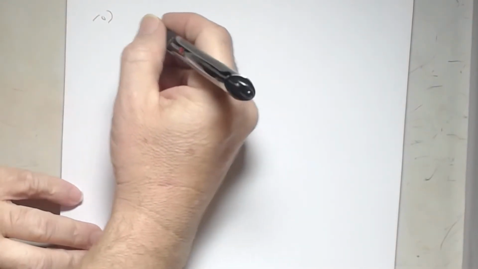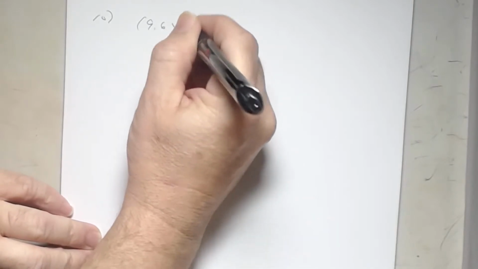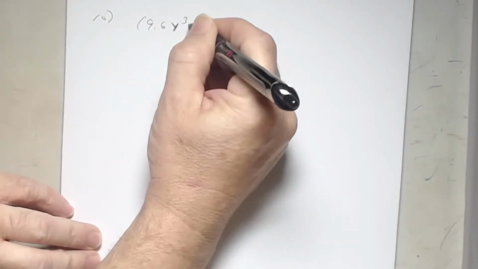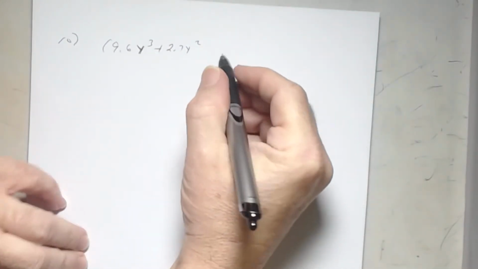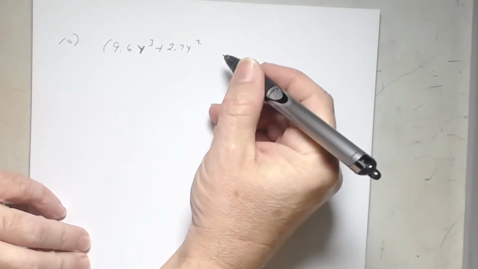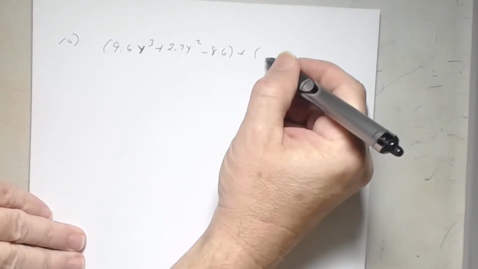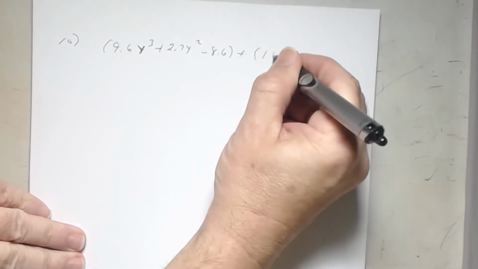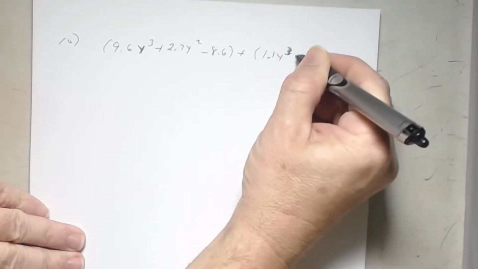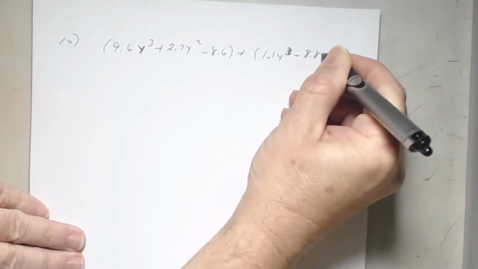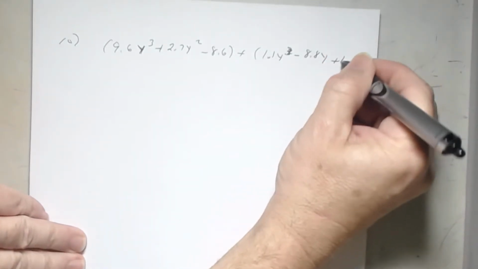So in 10, you have 9.6y cubed plus 2.7y squared minus 8.6, plus, and then you're adding this polynomial, 1.1y cubed plus y cubed minus 8.8y, and then 11.6.